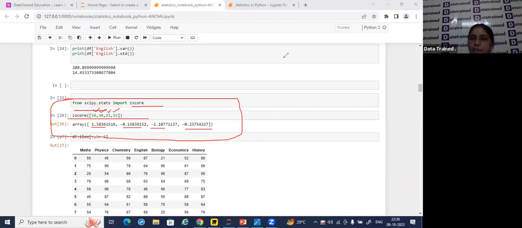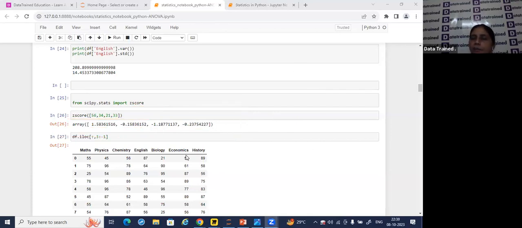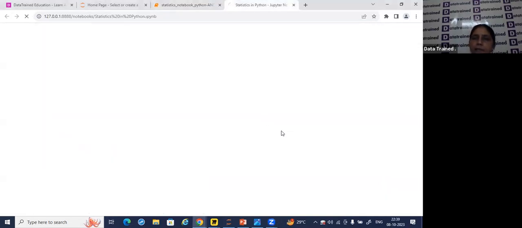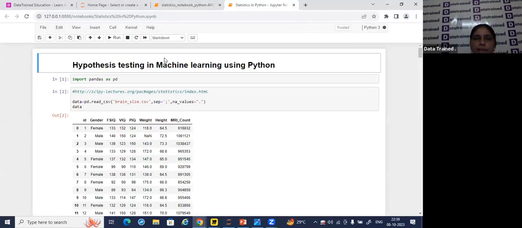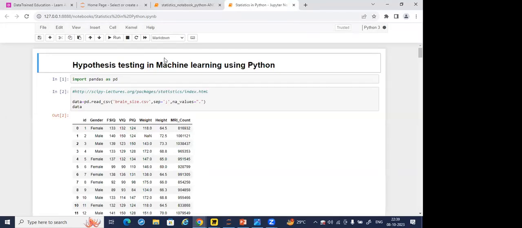So scipy.stats is a wonderful library where we can do all the inferential statistics. Let's come here and understand how we can apply the t-test with the given values. Let's take one CSV file here.